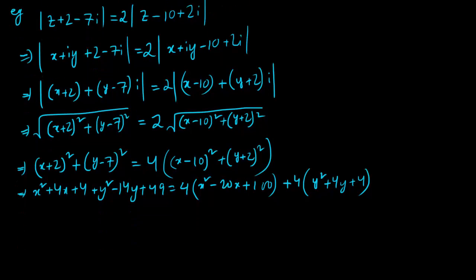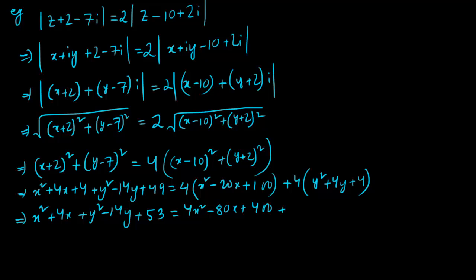And if you break this down, this is going to be x squared plus 4x plus y squared minus 14y, and we have 49 plus 4, which is 53, and this is 4x squared minus 80x plus 400 plus 4y squared plus 16y plus 16.